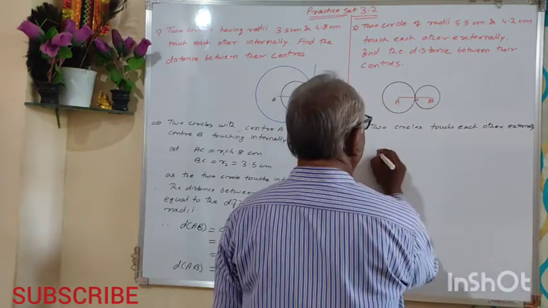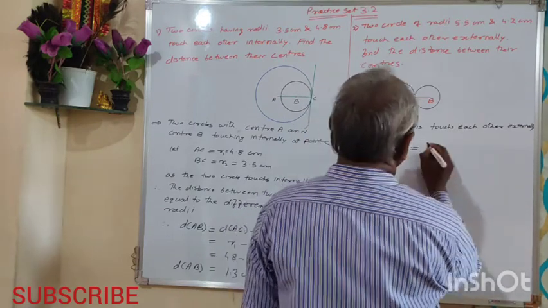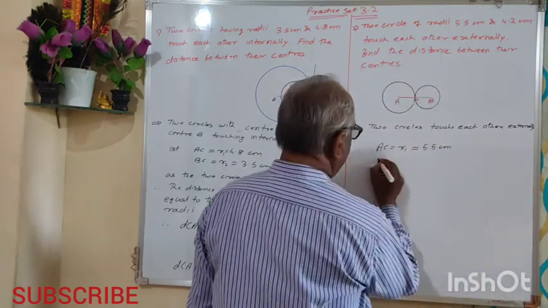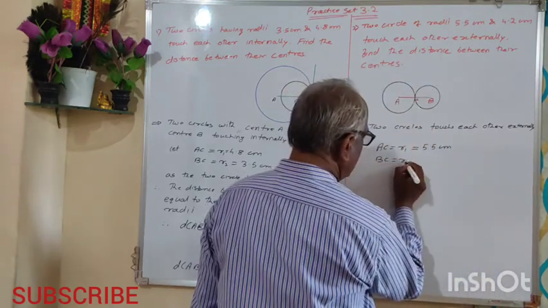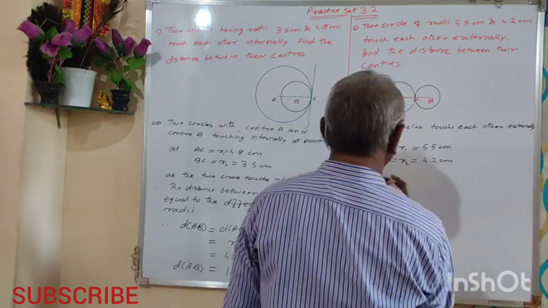Therefore, here AC is equal to R1, which is equal to 5.5 centimeter, and BC is equal to R2, which is equal to 4.2 centimeter.